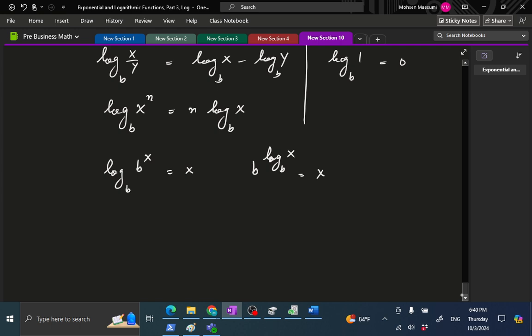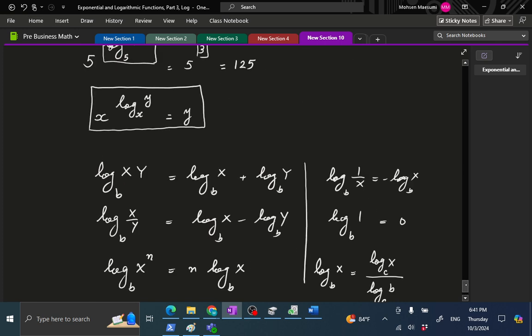And let me put one rule here. Logarithm of x in base b is logarithm of x in base c divided by logarithm of b in base c. Let me see if I could squeeze everything in one page. Yes.